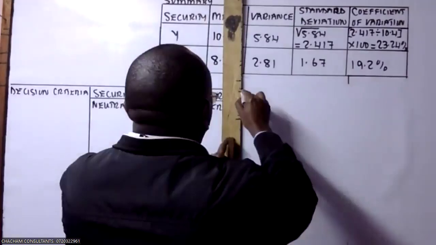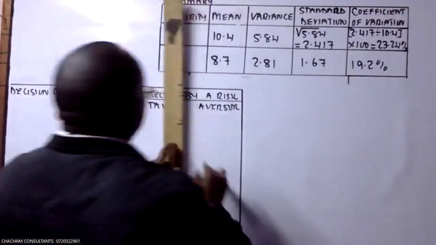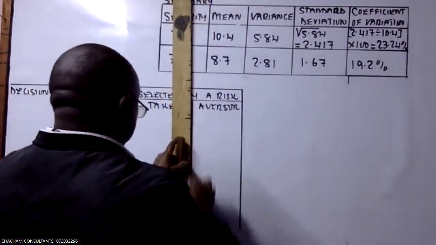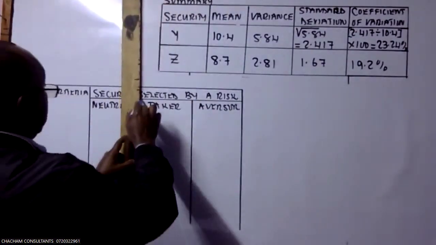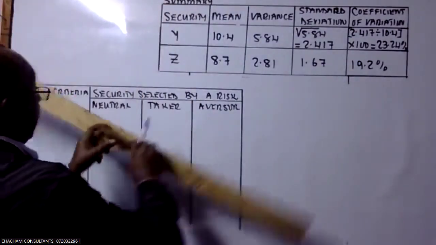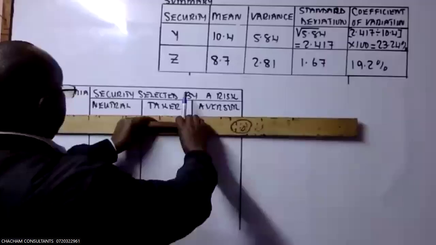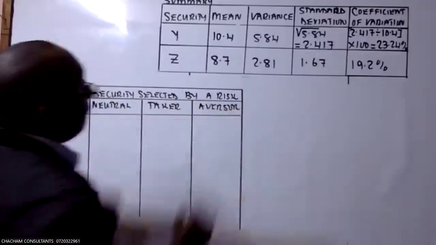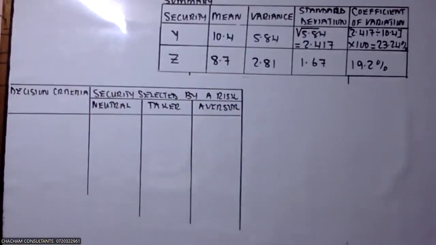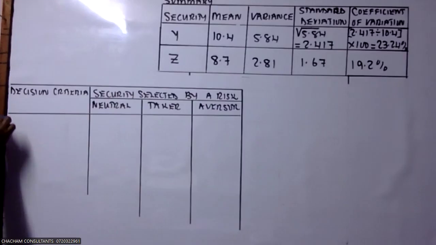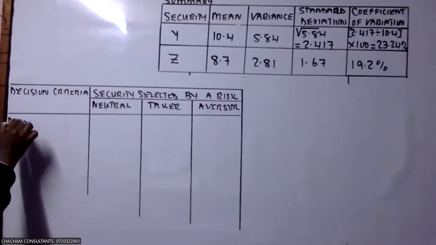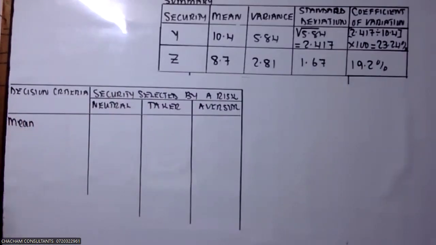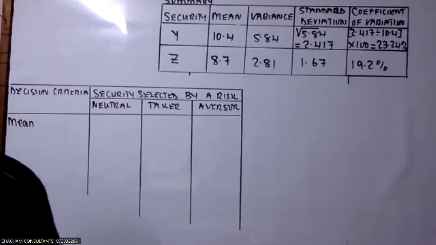Risk averse. So the first criteria is the mean.